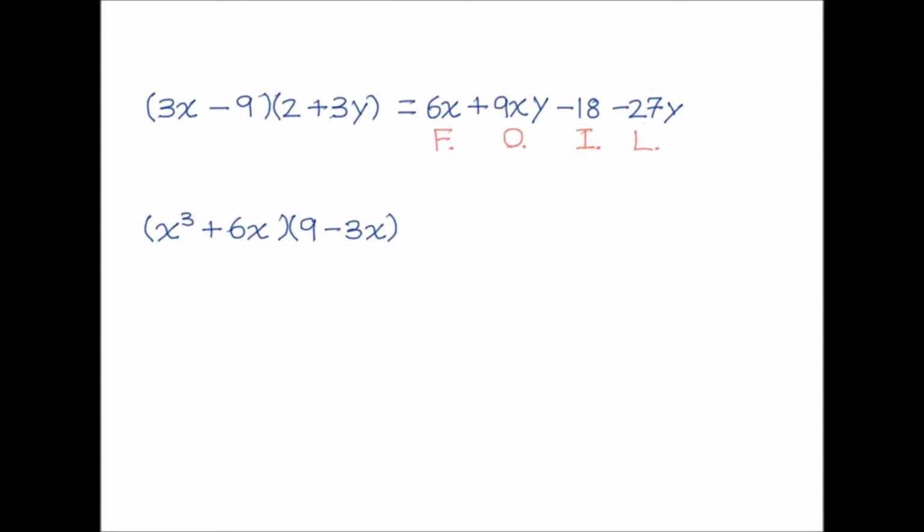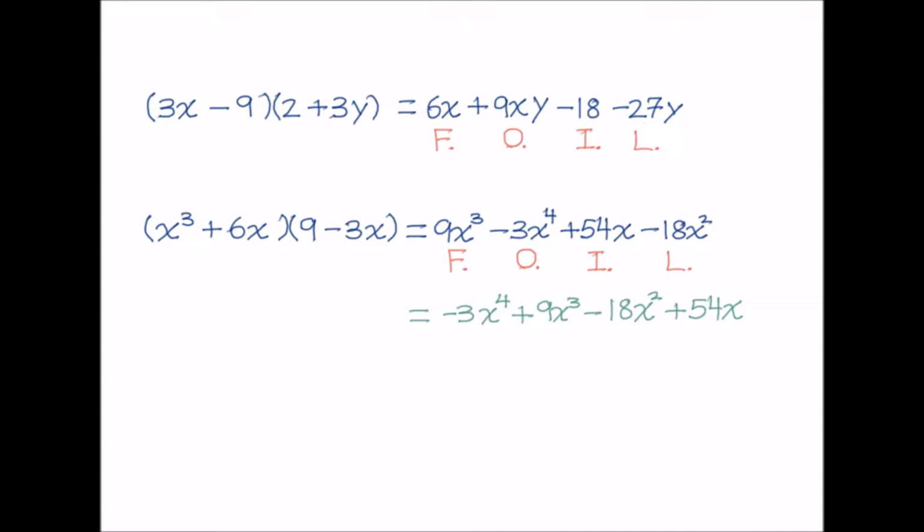First, we multiply the first terms in each binomial, x³ and 9, and we get 9x³ for F. Then we multiply the outermost terms of our whole expression, x³ and negative 3x, and we get negative 3x⁴ for O. Next, we multiply the innermost terms, 6x and 9, and we get 54x for I. Lastly, we multiply the last terms in each binomial, 6x and negative 3x, and so we get negative 18x² for L. And now, for neatness purposes, we will rearrange all the terms from highest degree to lowest.